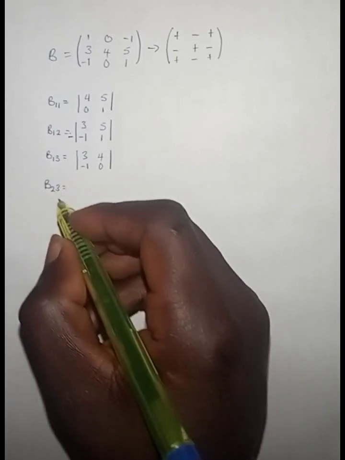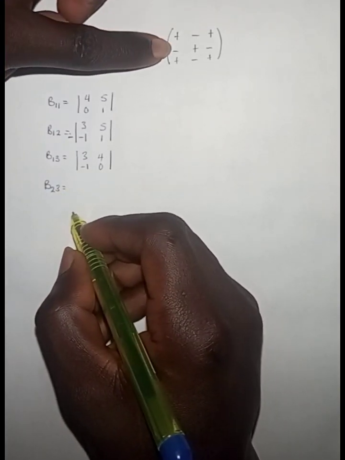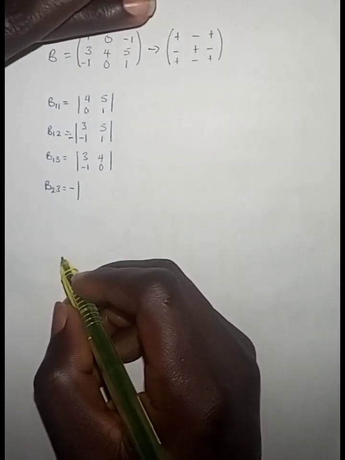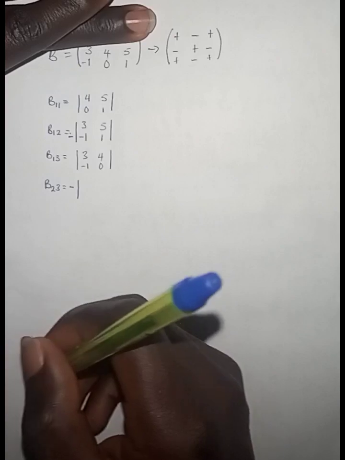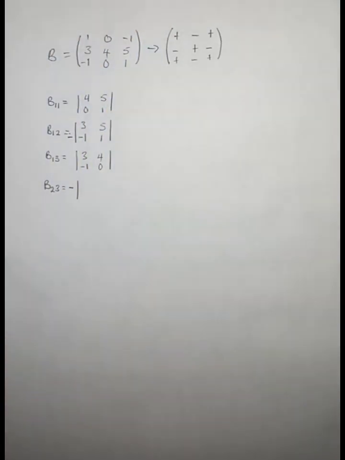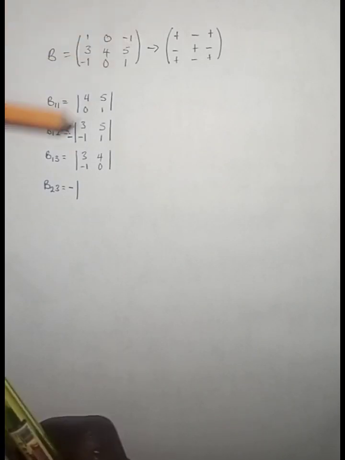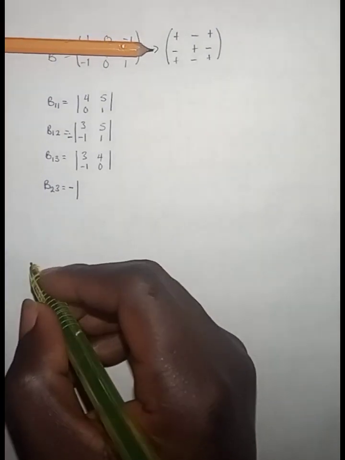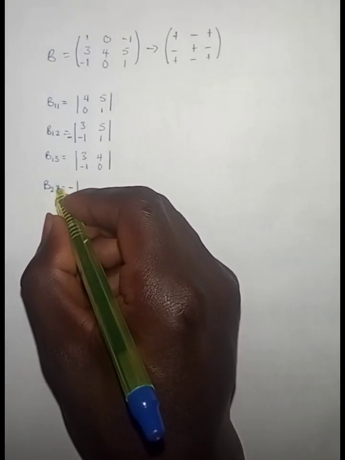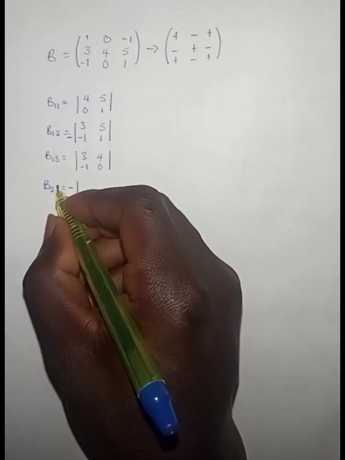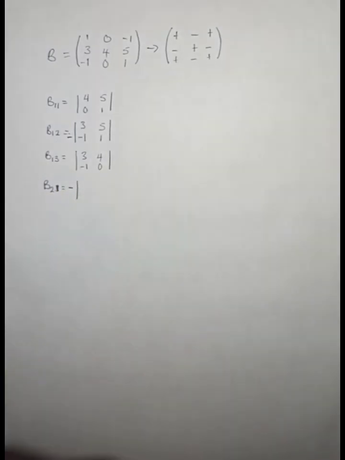B23, the sign is minus. We block the row, let me use a different thing for that. We block row 2, sorry, B21, not B23, B21.